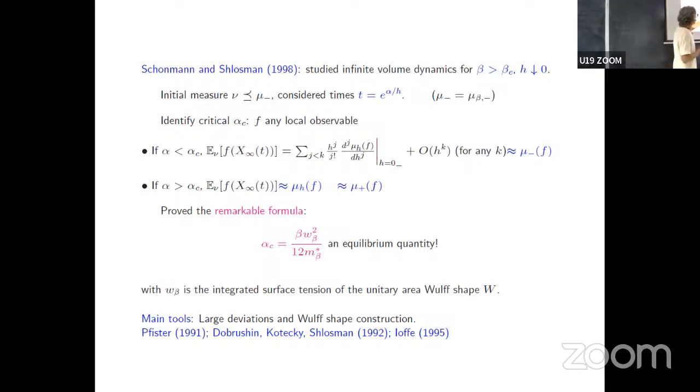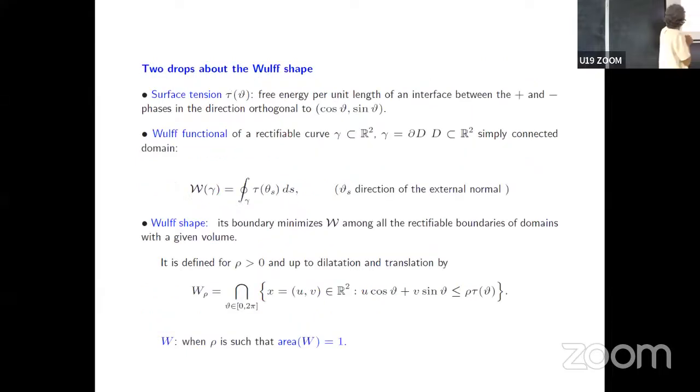Anyway, it is also used for us. So I should say just a word. What does it mean, this surface tension and Wulff shape? In order not to spend much time, you should think of the surface tension as just the price to pay, like a large deviation, to have an interface of mu minus and mu plus in a certain direction.